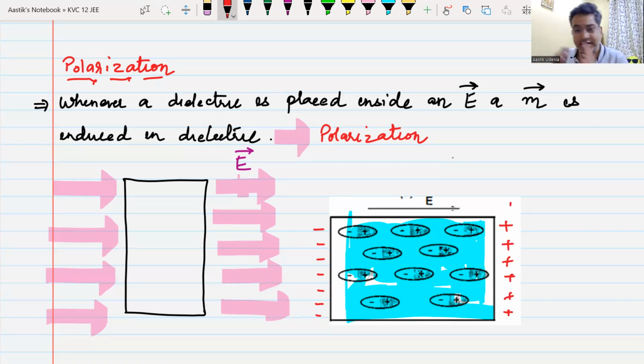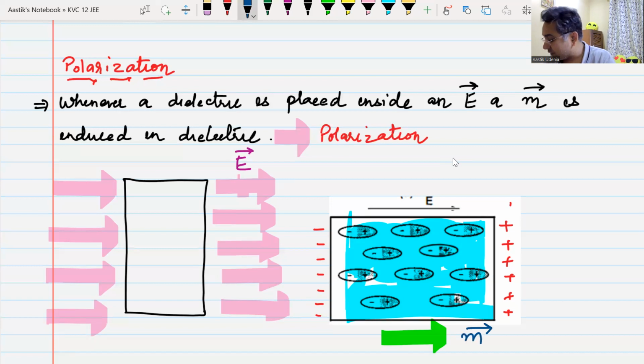Because of this positive and negative charge induced in this dielectric, it gets a dipole moment, and the dipole moment of this dielectric is always from the negative charge to the positive charge. Let me call this dipole moment m vector.